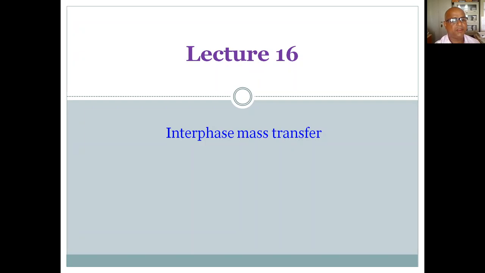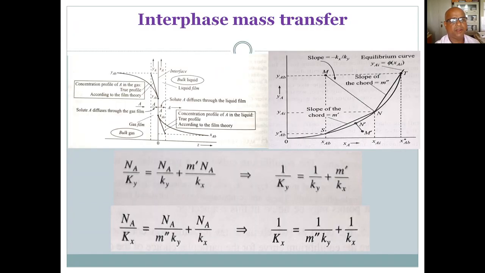Here we are discussing interphase mass transfer, and last day we determined the overall mass transfer coefficient, that is capital Ky, which is based on the gas phase driving force. What is the driving force? YAB minus YAB star. And what is YAB star?